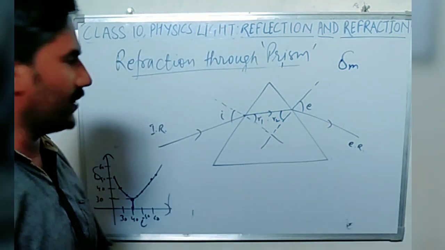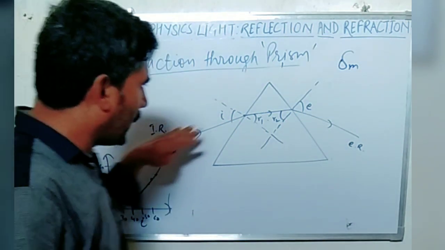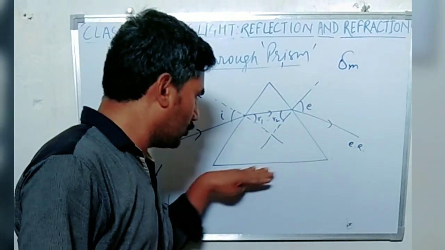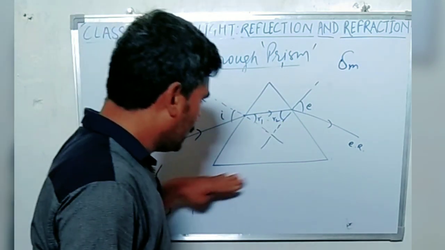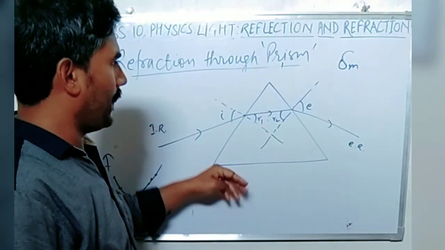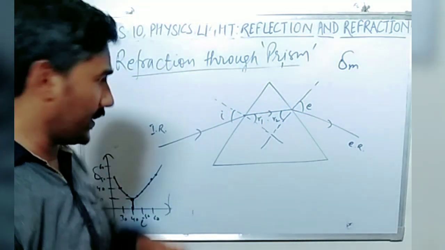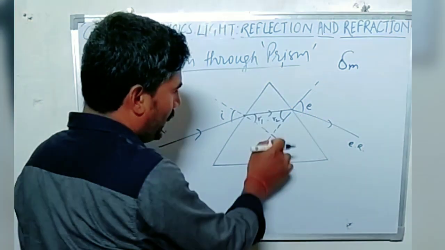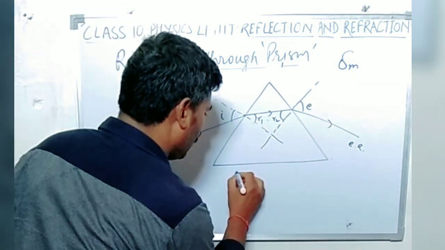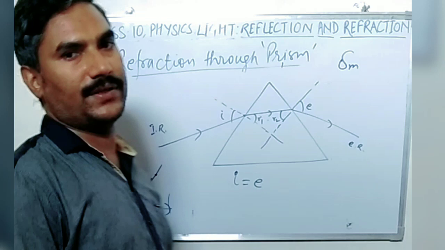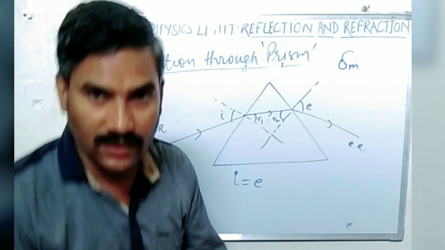If it is minimum angle of deviation, then for the refracted ray to be parallel to the base of the prism, this base of the prism needs to be parallel to this. Or we can say that if this refracted ray is parallel to the base of the prism, then we have angle of incidence equal to the angle of emergence, or vice versa.